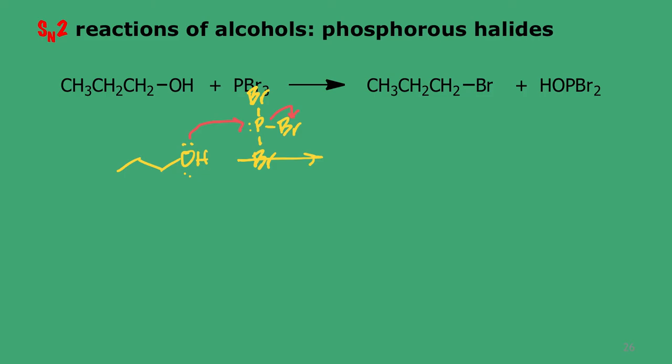This forms what's known as a phosphate ester. You'll notice that we broke a bond to bromine, so we've actually produced a bromide ion. And it's that bromide ion that does the SN2 reaction.